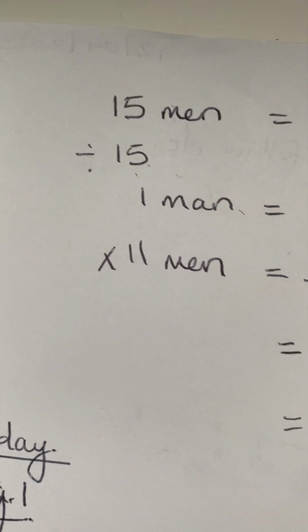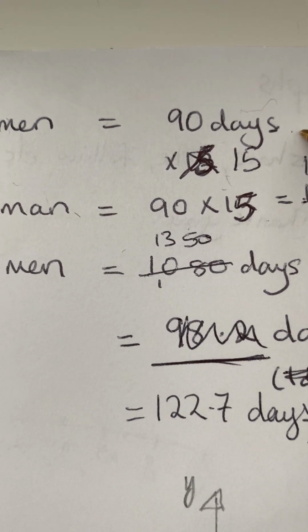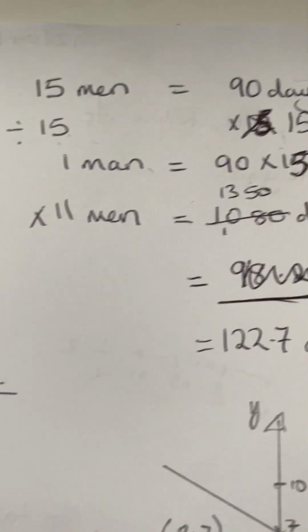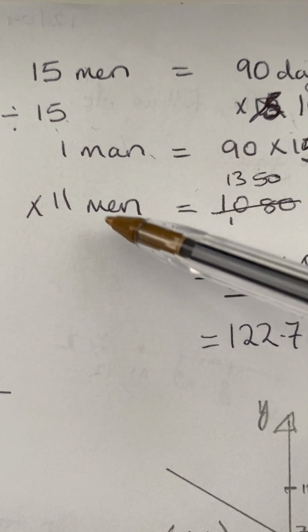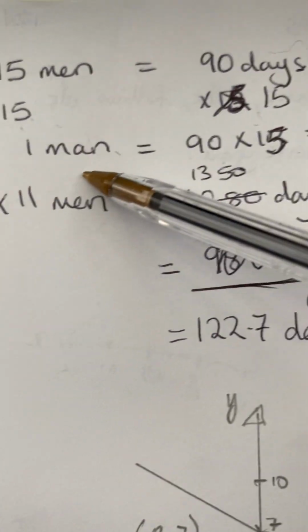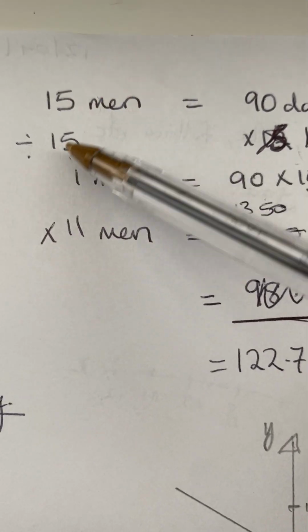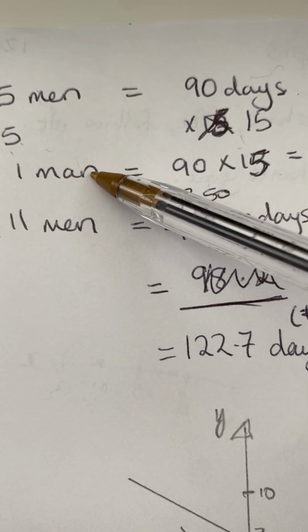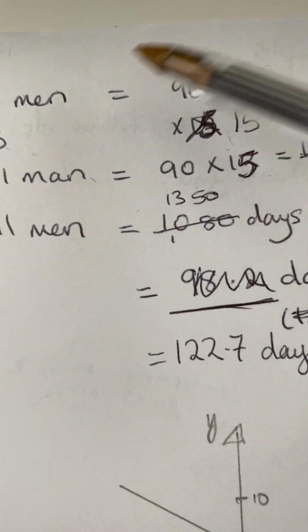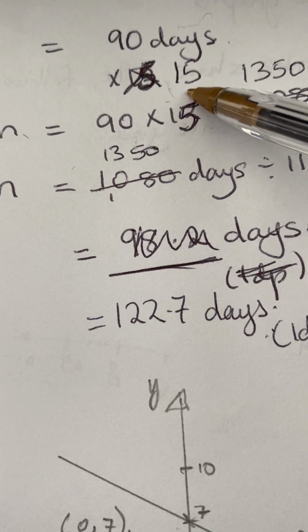Now, so they have these days to build, but now they are short of 4 men. So how long will it take 11 men? So if I divide 15 by 15, I have 1 man. So the same 15, I'm going to multiply by 90 days.